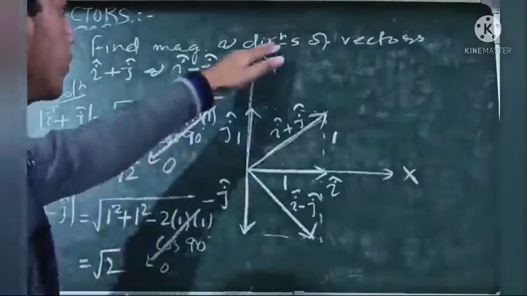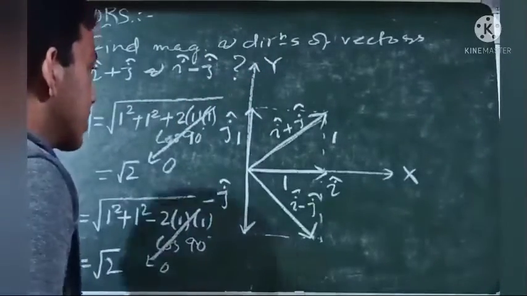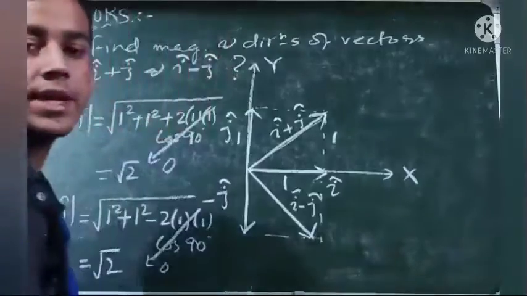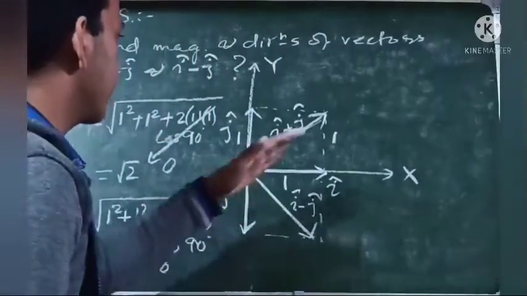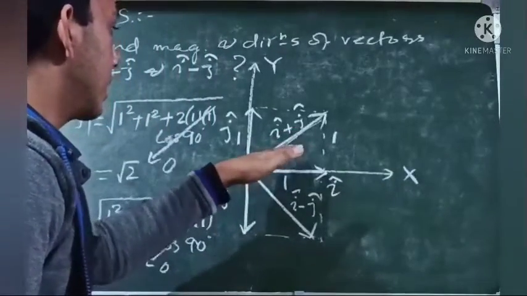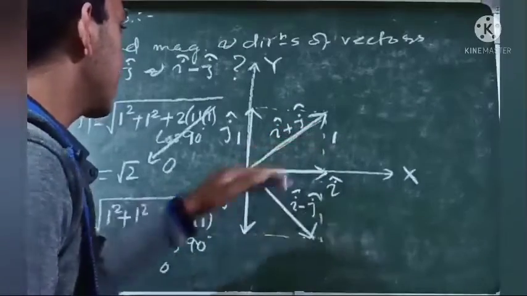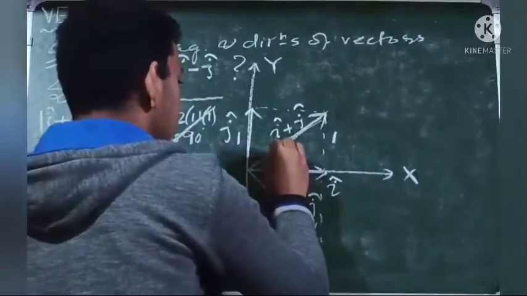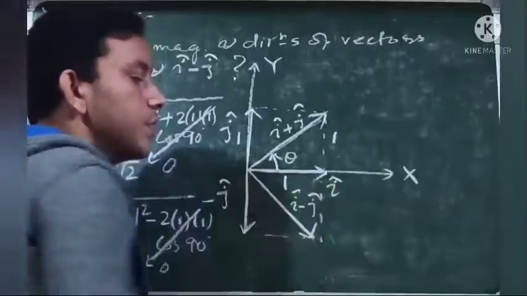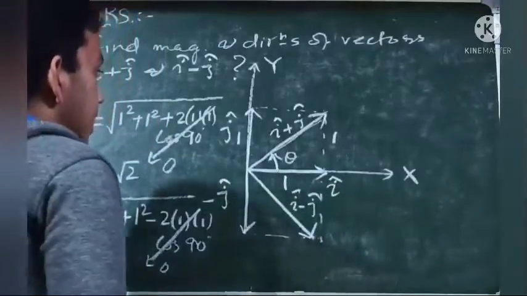Now, we have to find the directions of these two vectors. Suppose we can denote directions in any way. Suppose we denote the direction of this vector as this angle theta, which it is making with the positive direction of x-axis.